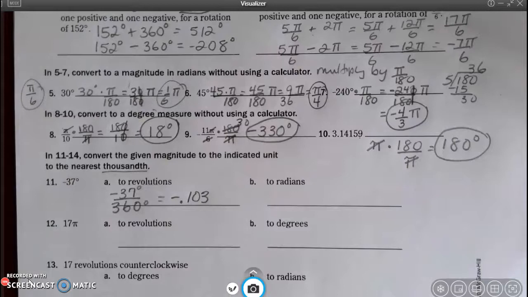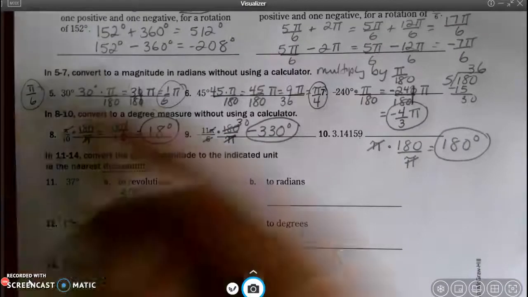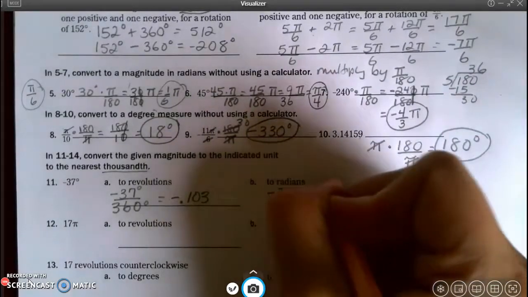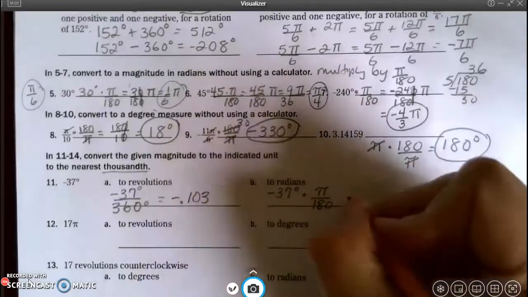Now I'm going to convert to radians. In order to convert to radians, I need to take negative 37 degrees and multiply by pi over 180.